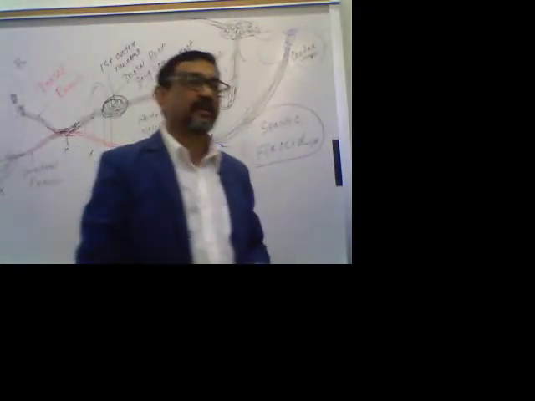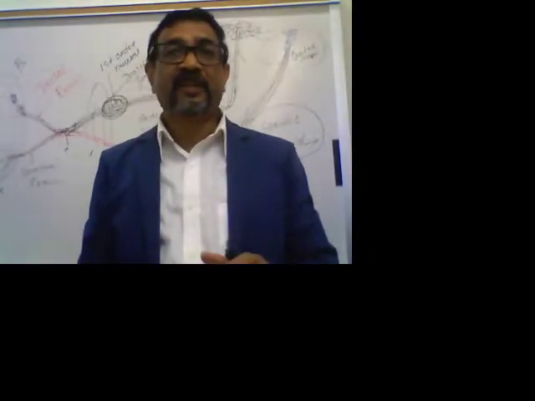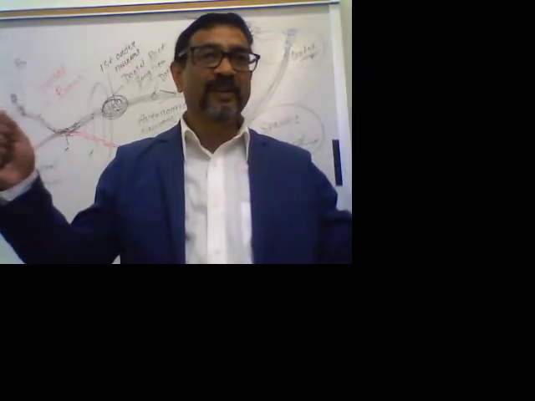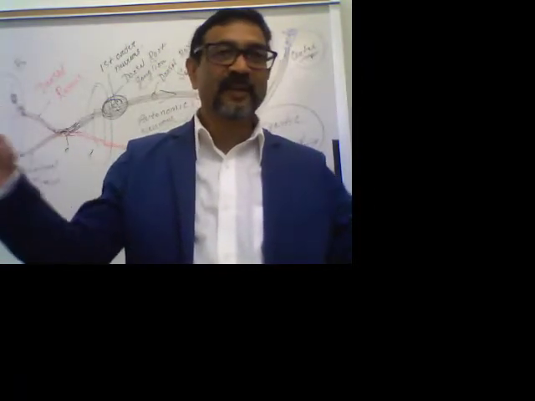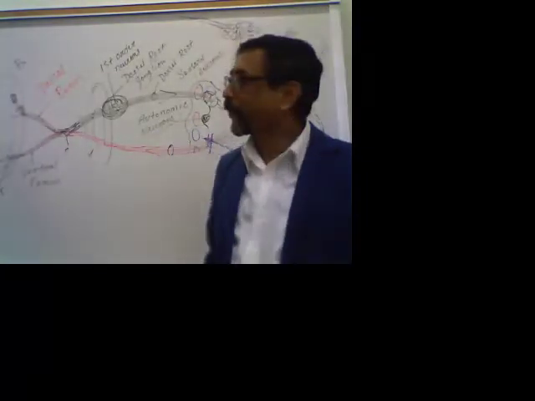Trauma to the spinal cord is a commonly heard problem, particularly in the United States. A lot of motor car accidents occur on highways, right? So this is a very big problem.